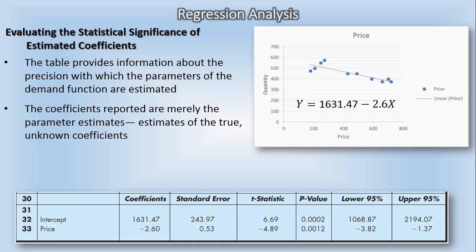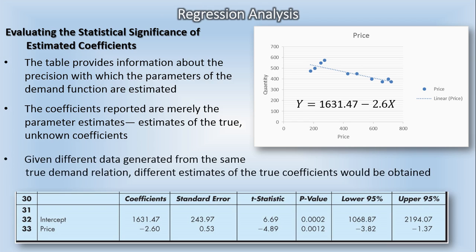If you were to do a survey of every single market in the entire world for televisions, or in the United States, wherever you're interested, then there will be some marginal impact of price on quantity demanded, and there will be some constant. So again, the coefficients are merely parameter estimates of those true unknown coefficients.